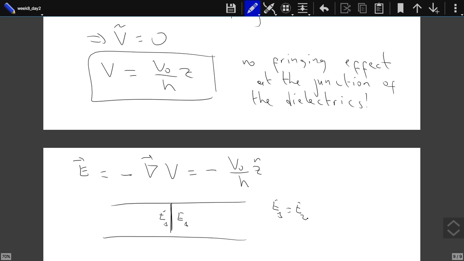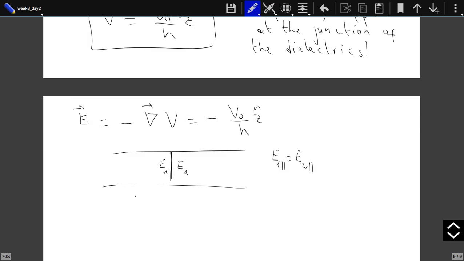The perpendicular component, you see, E1, the parallel component, should be equal to E2, the parallel component. And you are saying that epsilon 1 times D1 should be equal to epsilon 2 times D2, the perpendicular components. What we found is that these are both 0.